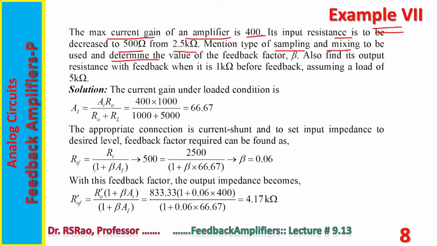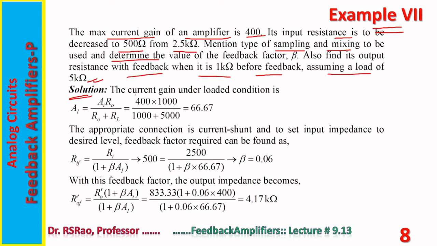Also find its output resistance with feedback when it is 1 kilo ohm before feedback, assuming a load of 5 kilo ohms. This problem may be appearing complex, but it is not that much complex. It is as simple as any other problem we considered so far.